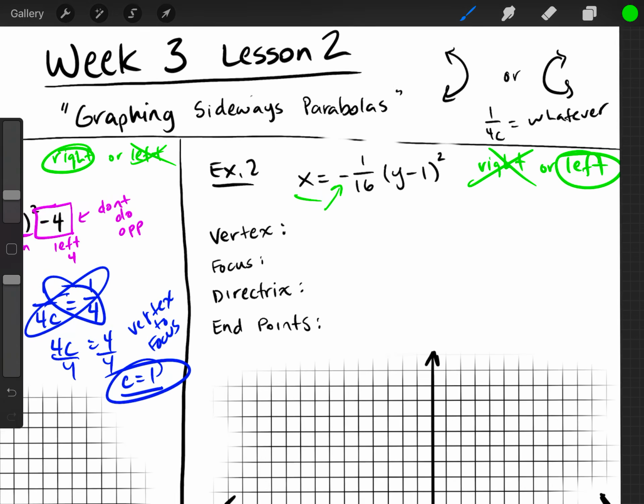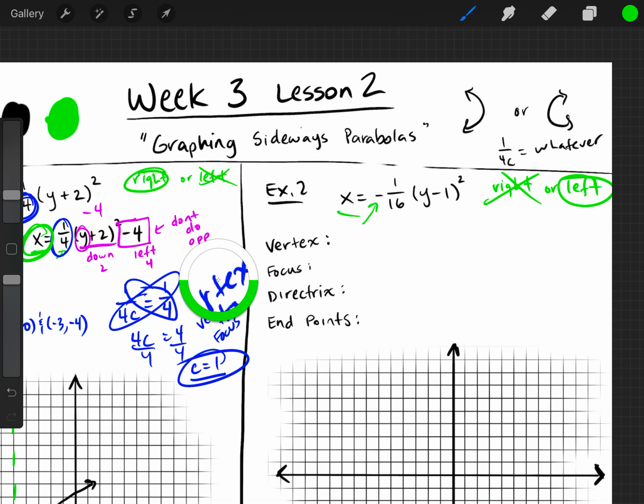The second thing we can do, since that x is already by itself, is find the vertex, right? The vertex, again, is from the equation. In this case, all we have is this y minus 1 right here, telling us to go opposite, which is up 1.